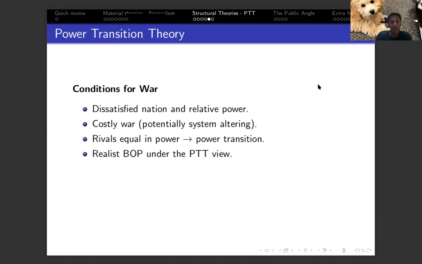At the same time, in the view of the power transition theory, a balance of power places the major actors in the system on almost equal footing. So again, you have multiple actors in the system which have almost the same level of power and the same level of capabilities. If one or more than one of them are also dissatisfied nations, then the likelihood of war based on the logic of power transition theory is much higher. So again, this is one of the ways in which the realist balance of power does not lead to stability under the logic of power transition theory.